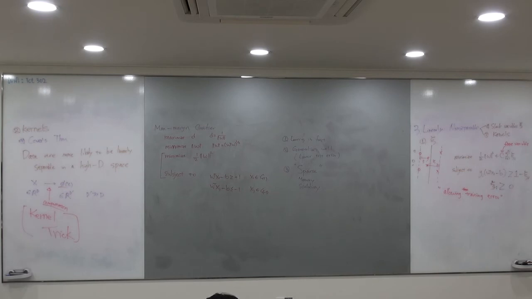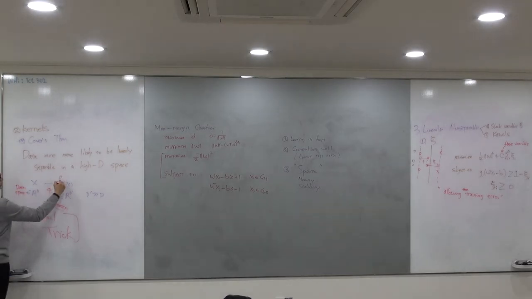Let me first introduce the basic idea of the kernel trick. Well, of course, not every operation. I will first define this. I will call this space a data space.